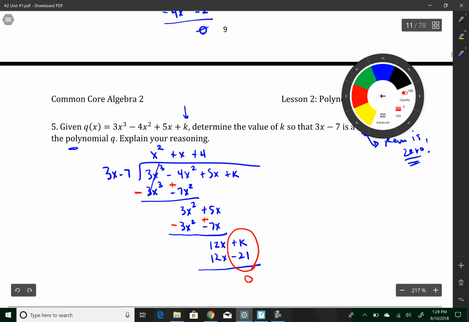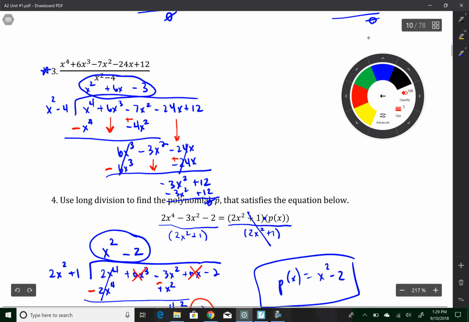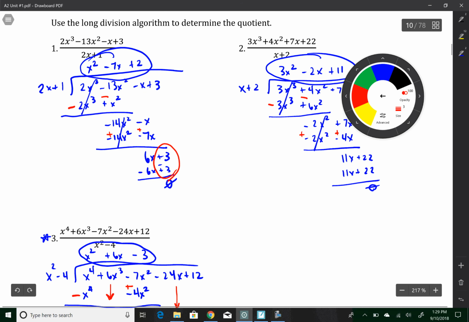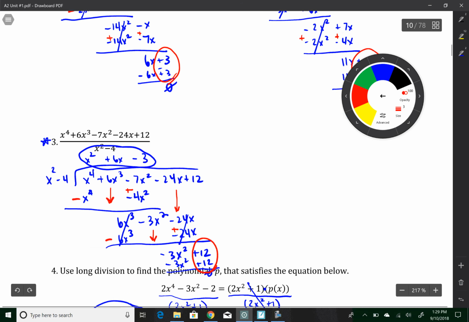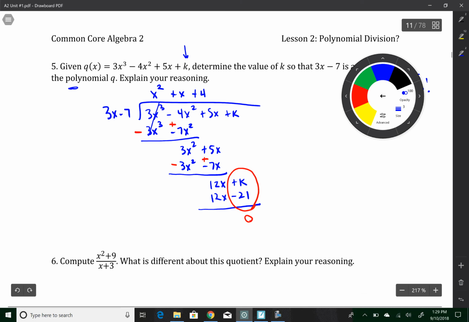That's my question. Remember, in all these other examples, the last terms were always the same. Number 4, it was the same. Number 3, it was the same. Here it was the same. So if they're the same, when you subtract, they cancel. They become additive inverses. So that means k would have to be negative 21.